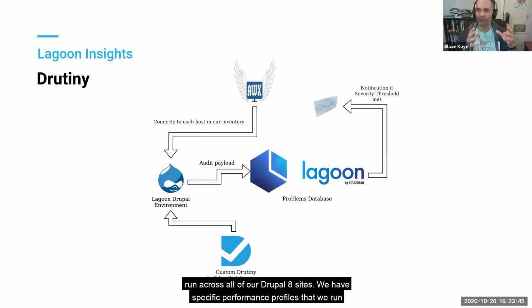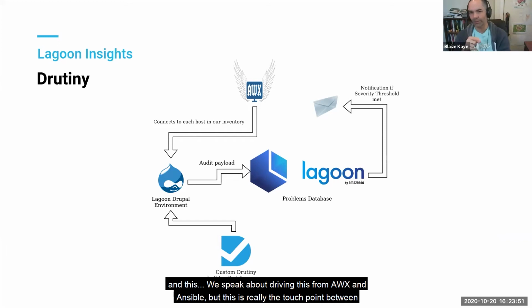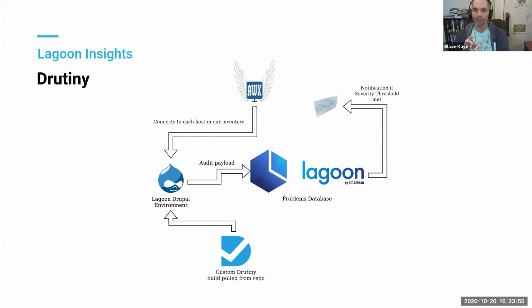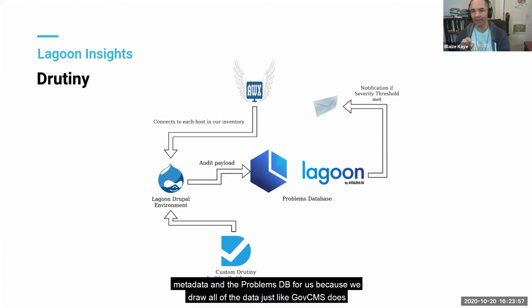We have specific performance profiles that we run. And we speak about driving this from AWX and Ansible, but this is really the touch point between metadata and the problems DB for us, because we draw all of the data, just like GovCMS does, to generate the lists of hosts that we need to run these policies against.